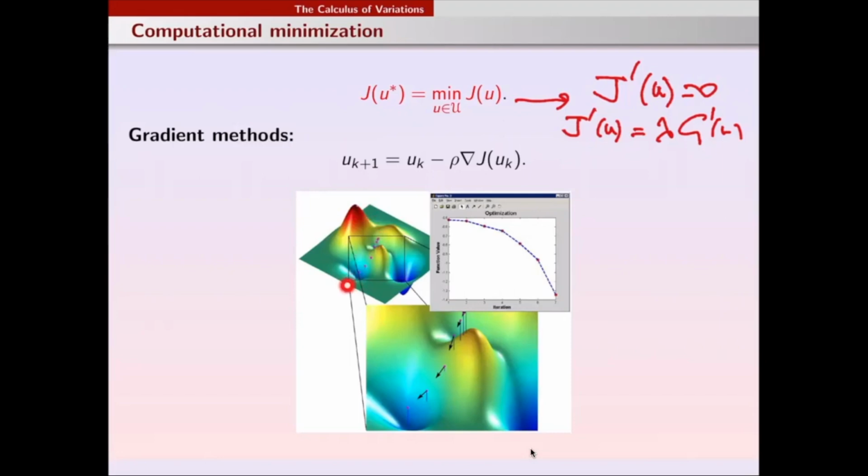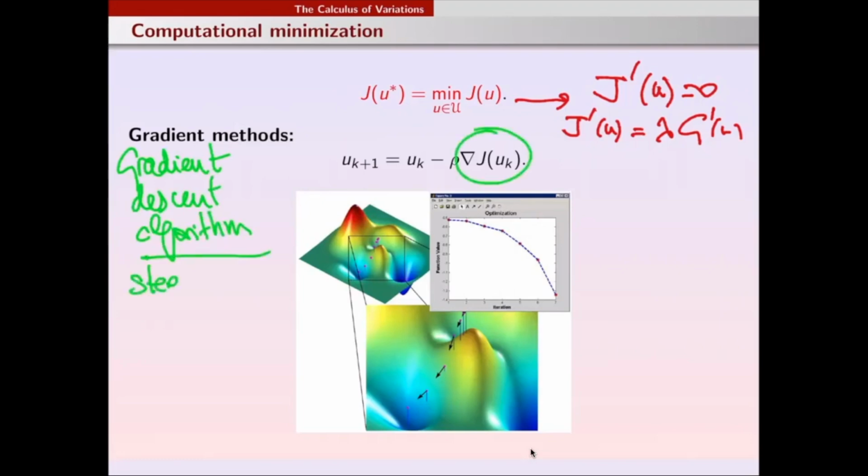So how will I do it? Well, I will probably implement a gradient descent algorithm. And actually, in this case, the one I am writing is simply the steepest descent algorithm.